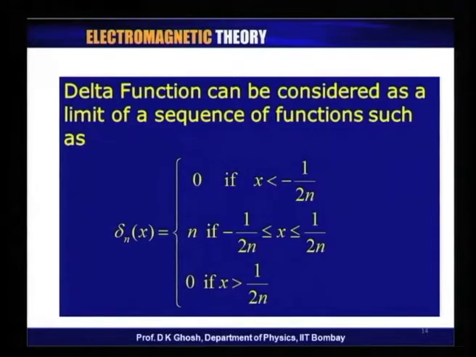For instance, this is a sequence delta n x, which is 0 if x is less than minus 1 by n, then in a small interval from minus 1 by 2 n to plus 1 by 2 n it has a constant value, and is again 0 beyond that. In other words, it is a rectangle which has a spread only from minus 1 by 2 n to plus 1 by 2 n.